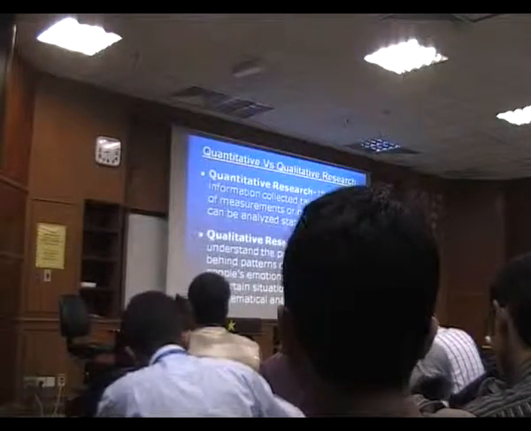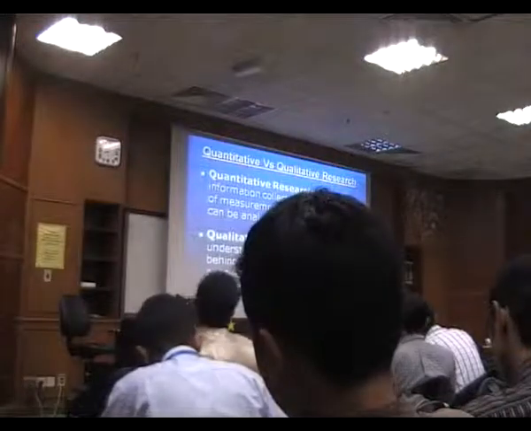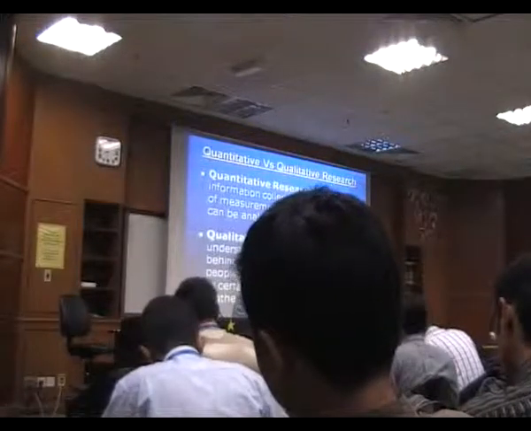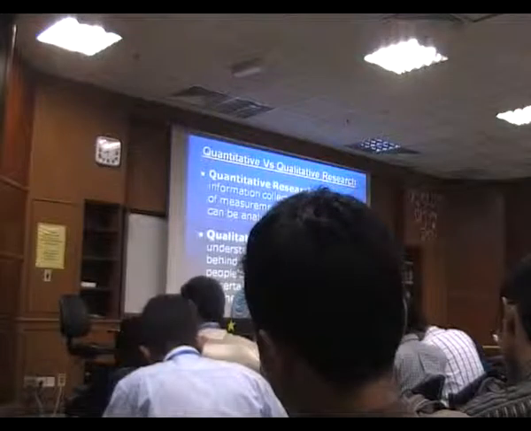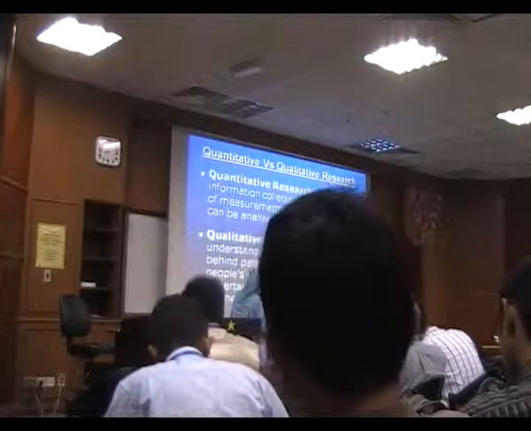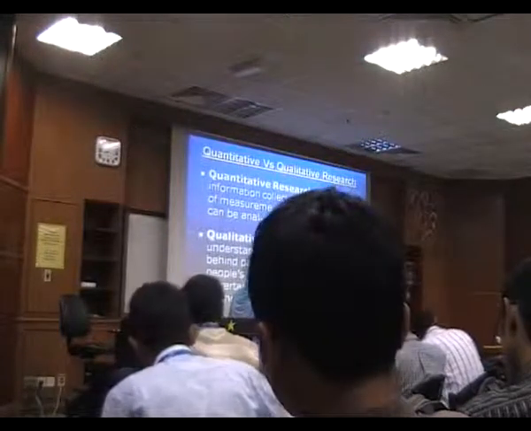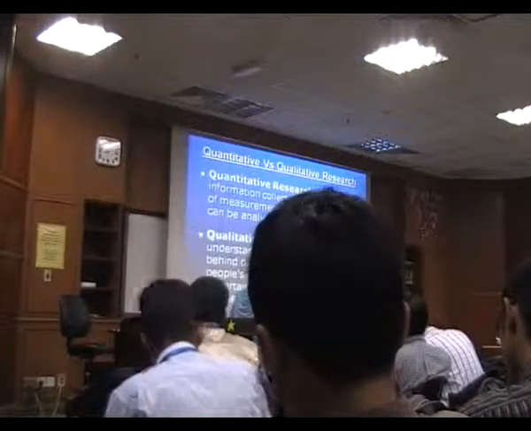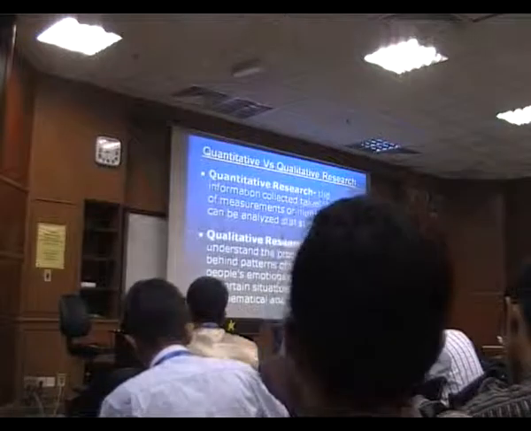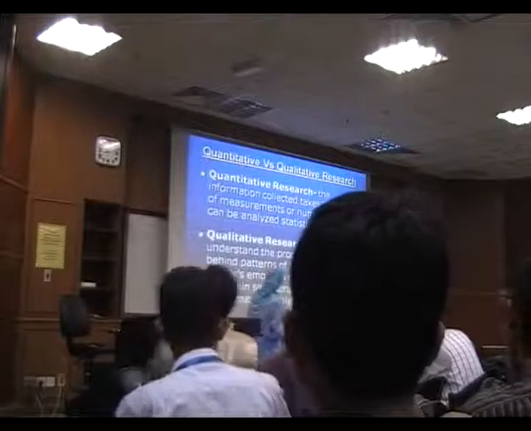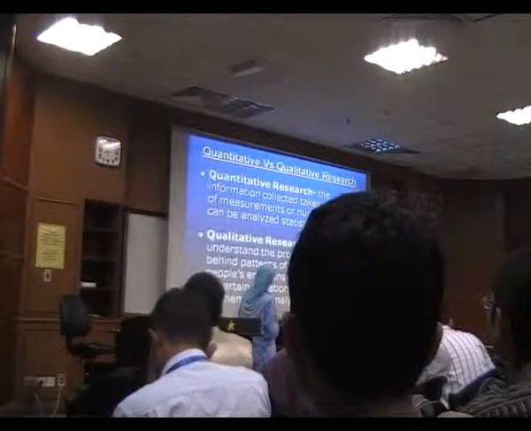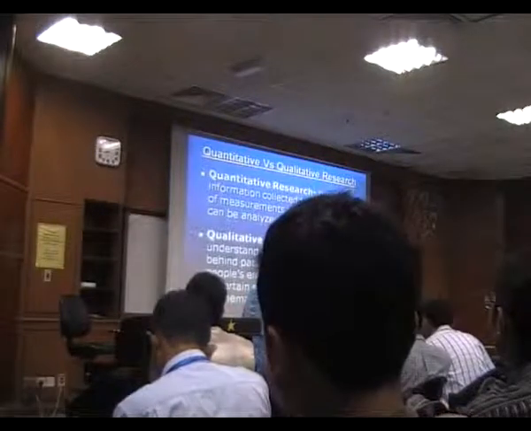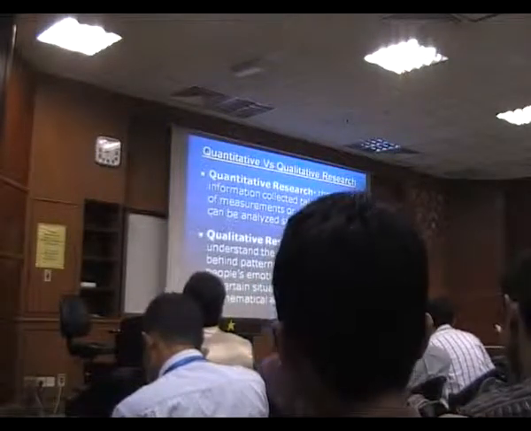So quantitative research is the method of information collection that takes the form of measurement or numbers. It is the information that is collected in the form of measurement or numbers that can be analyzed statistically.